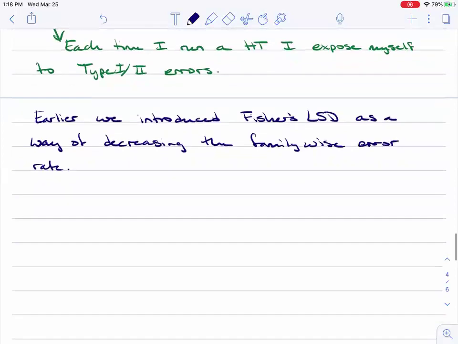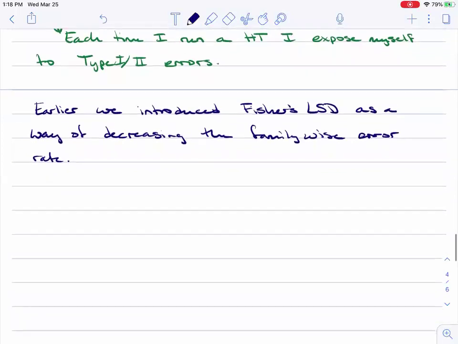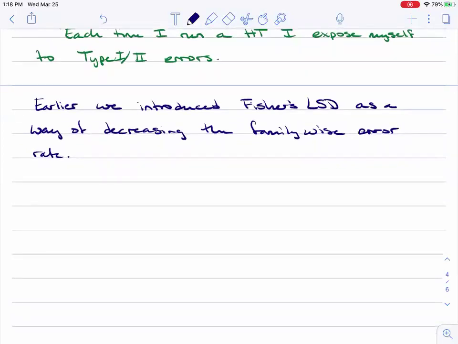So the ones that we're going to introduce today, and there's a lot more, right, but here are kind of the main players in the real world.